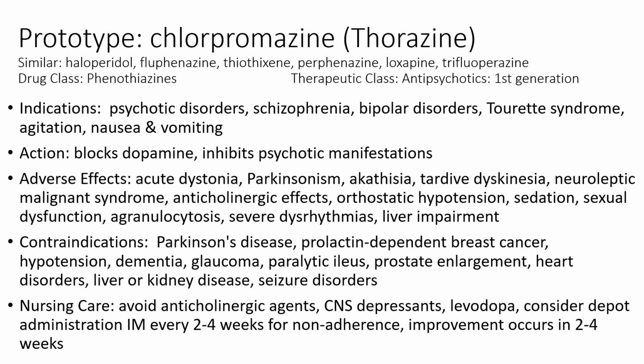Sudden blockade of the dopamine receptors in a small percentage of the population can lead to this syndrome of very high fevers, so 102 to 104, muscle stiffness, profuse sweating, very agitated, alterations in blood pressure and heart rate, and very fast breathing.